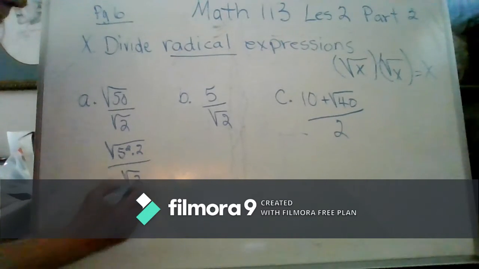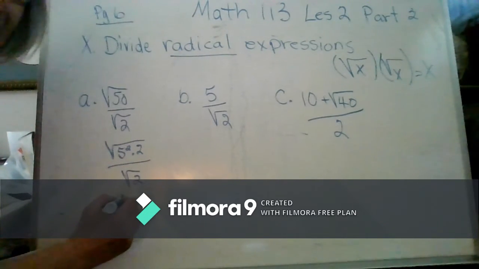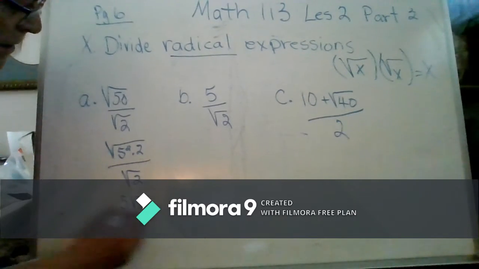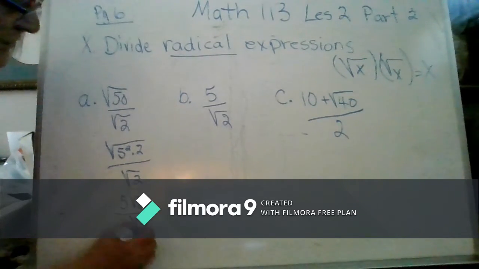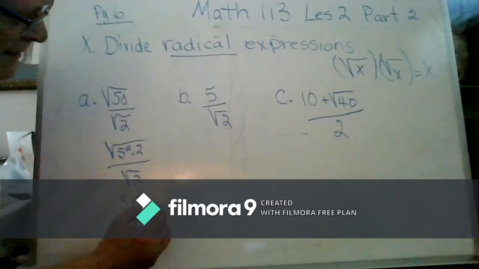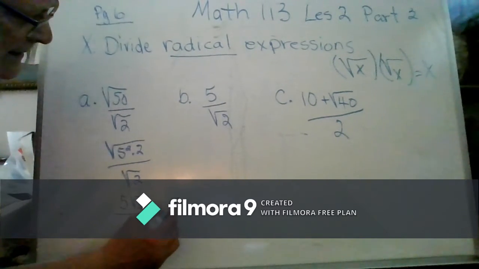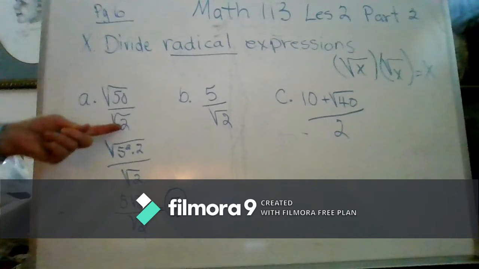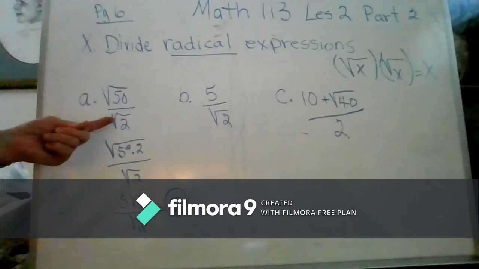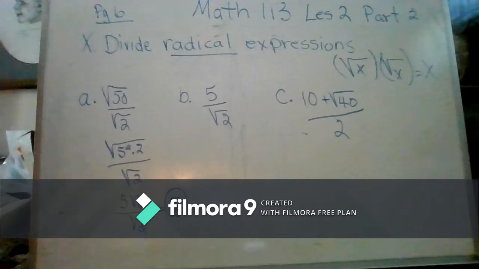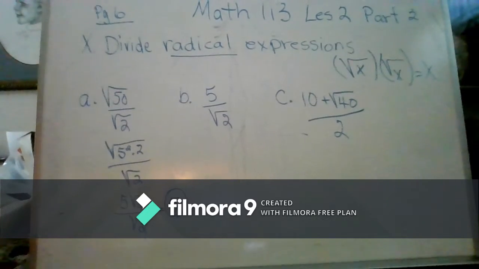So I'm going to have 5 times the square root of 2 over the square root of 2. Notice those will cancel out to 1, so that my answer is simply 5. If this had been the square root of 3, I would have multiplied. Never mind. We'll do that on the next one.